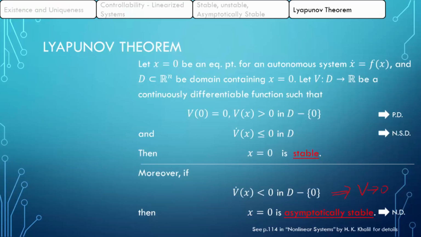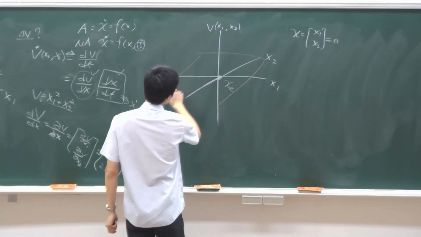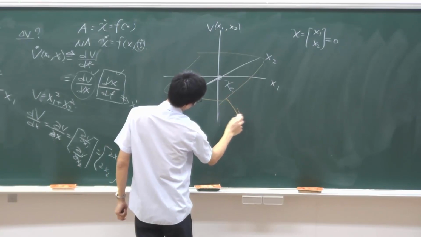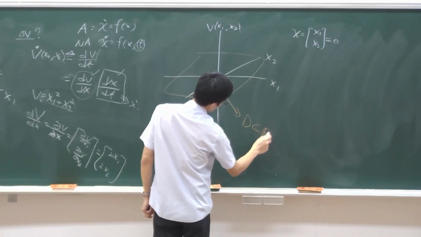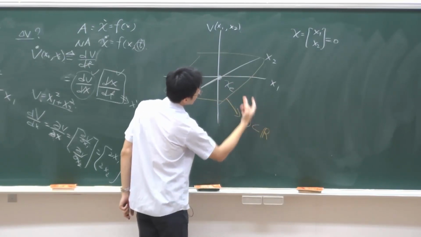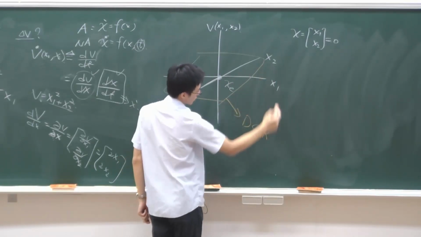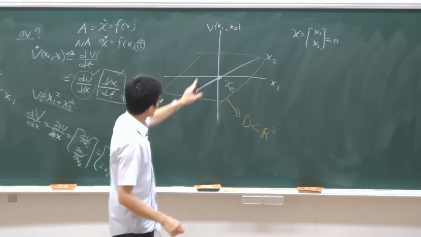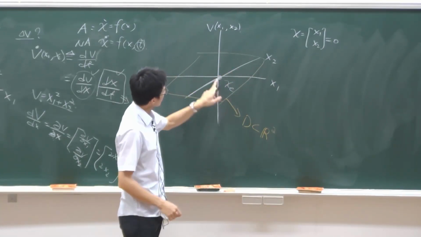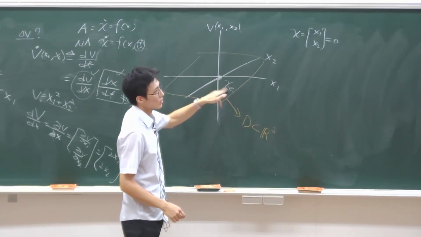Remember, right? D is a set belonging to Rn. Okay. Be the domain containing the equilibrium point. Say this is D. N dimension. In this case, it's 2D, right? x1, x2, so it's 2D. And this domain D contains the equilibrium xe.